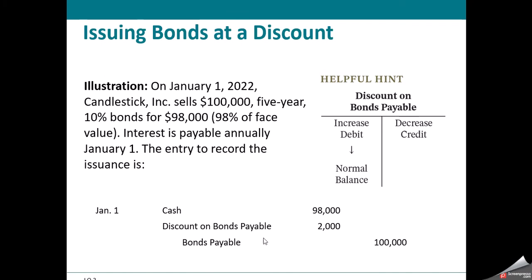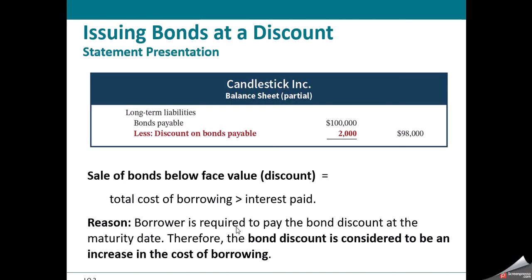And we'll see that these two accounts are always going to net together to show us what the value of those bonds is. So on the balance sheet, you'd have your bonds payable less the discount. This would be our value of the bonds on our balance sheet at that point in time.